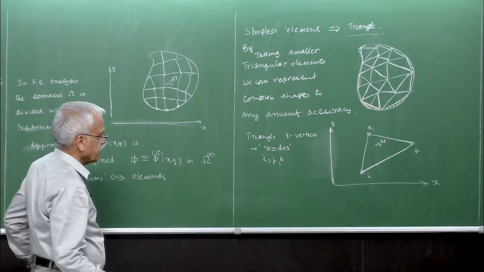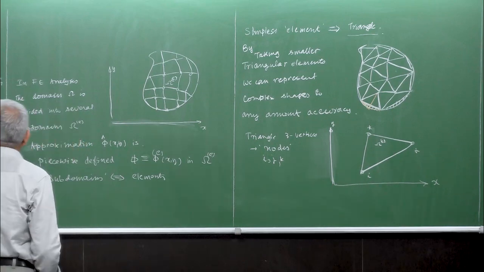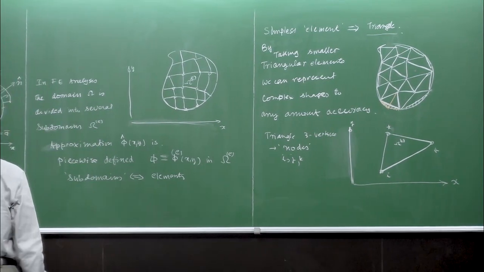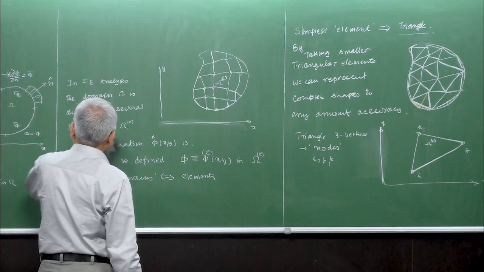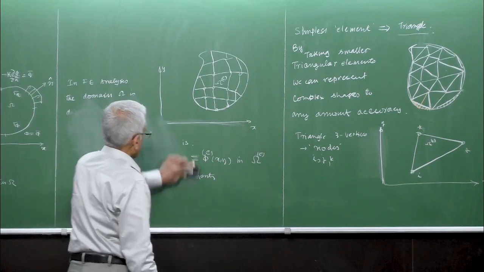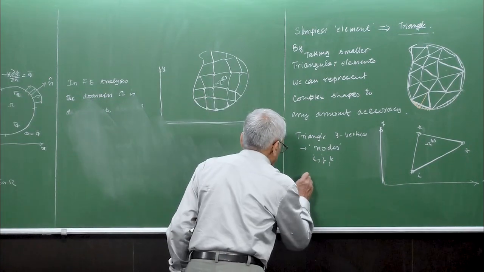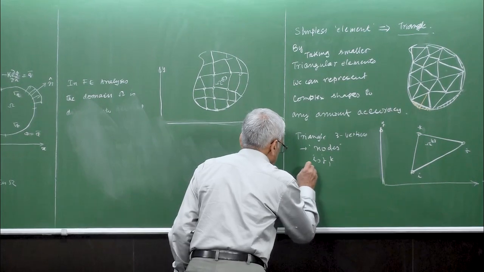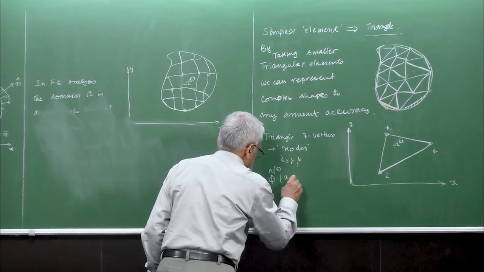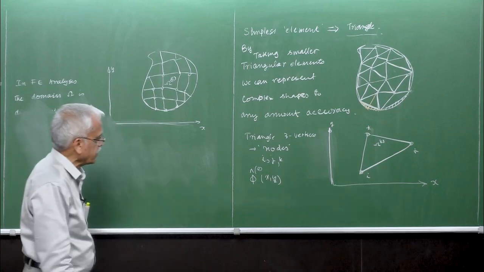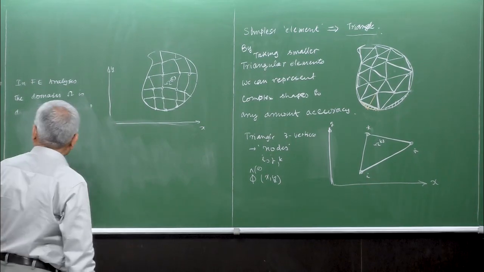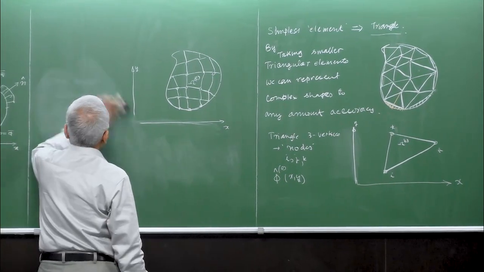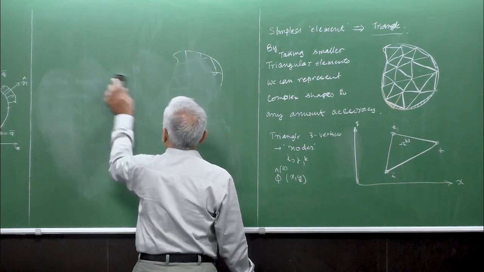So now we have to see what kind of approximation we require here. So what is the approximation which we want to use for this element phi e? It depends upon what type of weighted residual statement you have here.